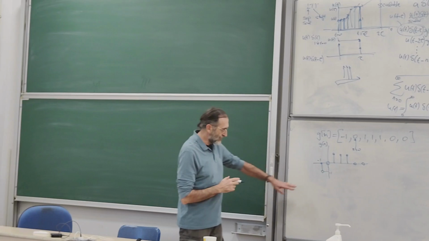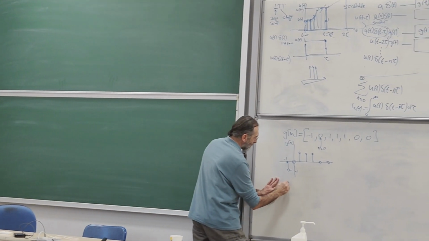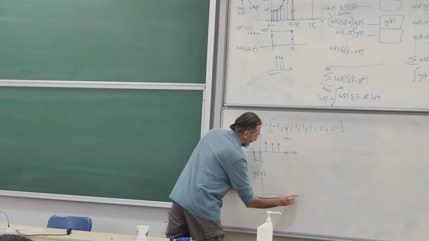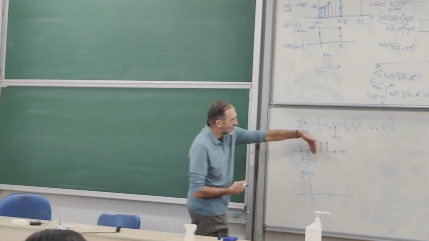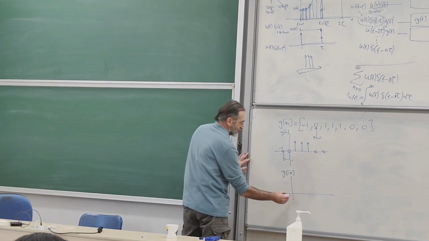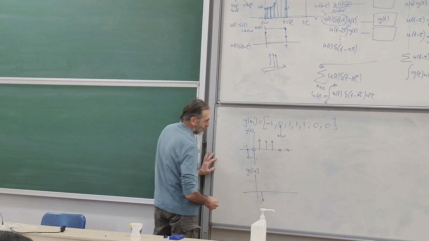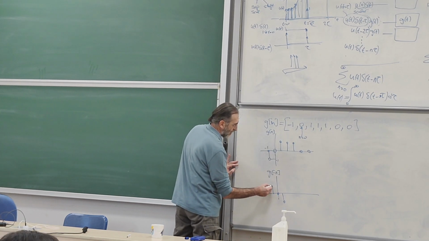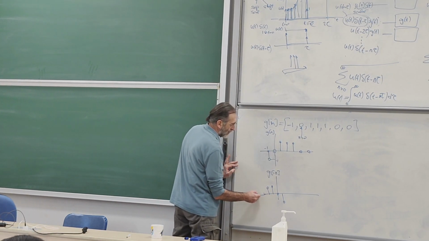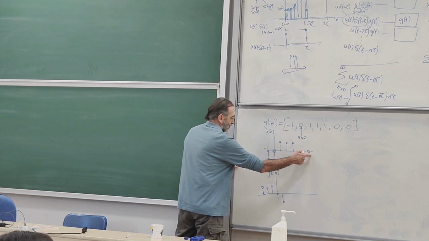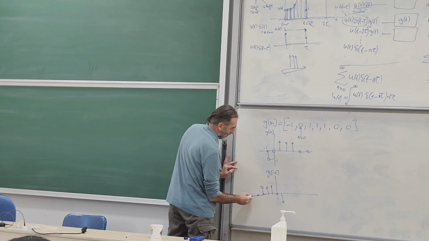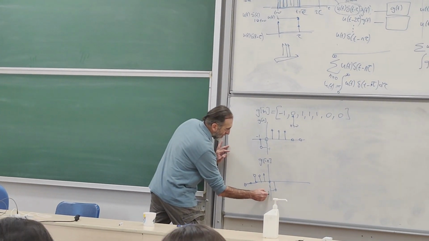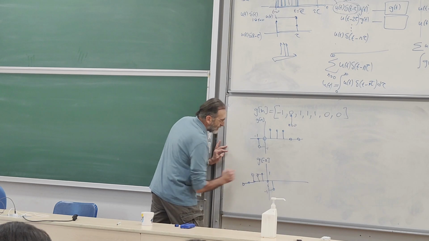Now I'm trying to get G of minus n. And that would look like the total opposite of this. So G of 1 would be minus 1. G of 0 stays 0. These are 1, 1, 1, and then 0, 0. Alright, so this is minus 1, these are 1.